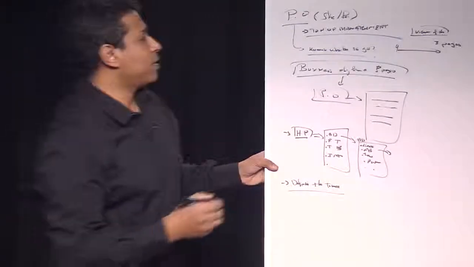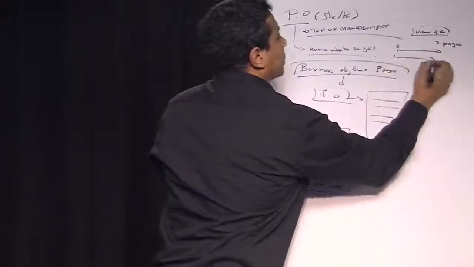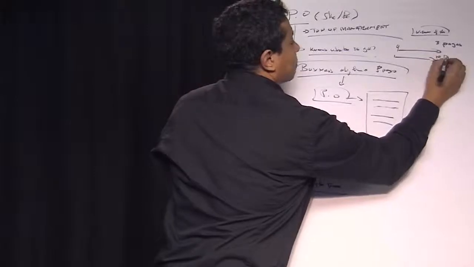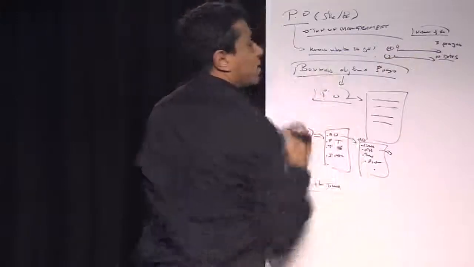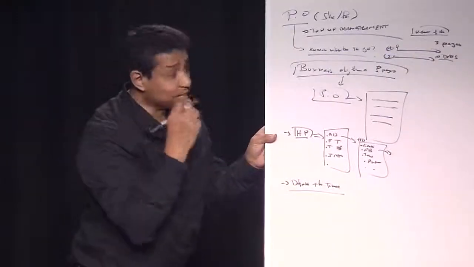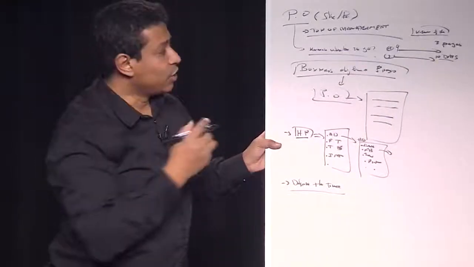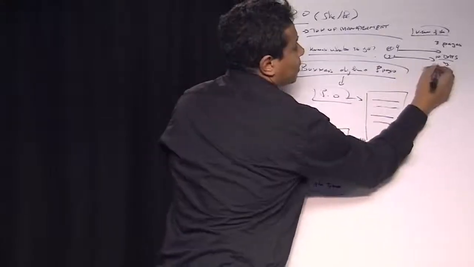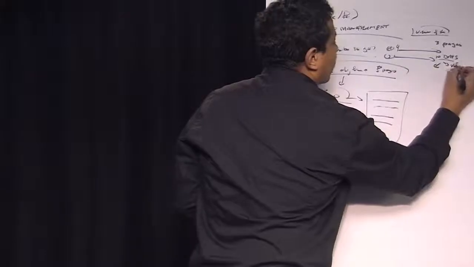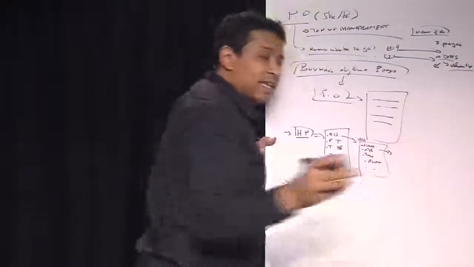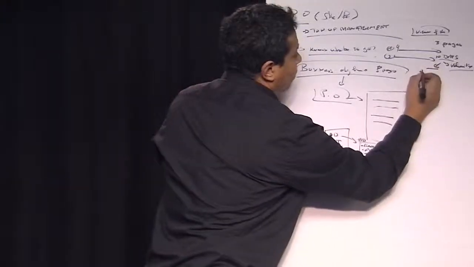What does it mean? He's got to define that I've got 3 pages, and that 10 days is mandatory. Is it possible to do this in 10 days? To know that, he's got to know different kinds of things. He's got to know about the velocity of the team. We're going to see later what that means. And he's got to know exactly what the backlog is.